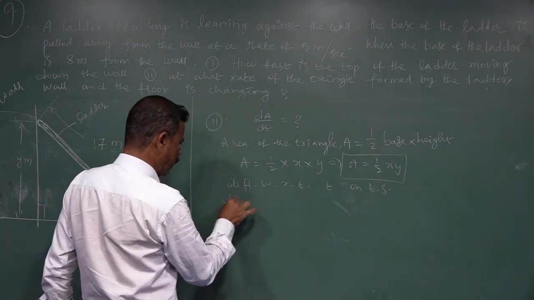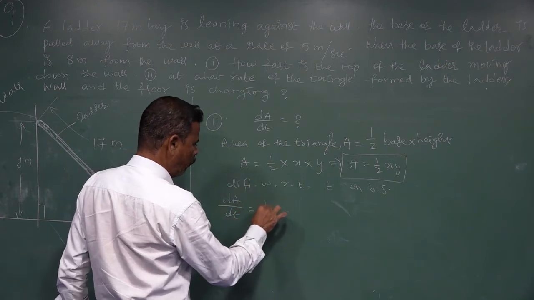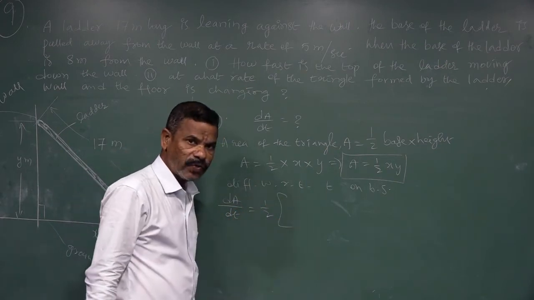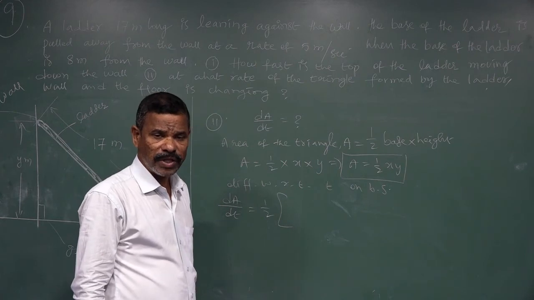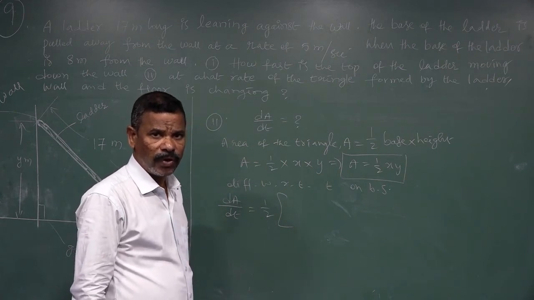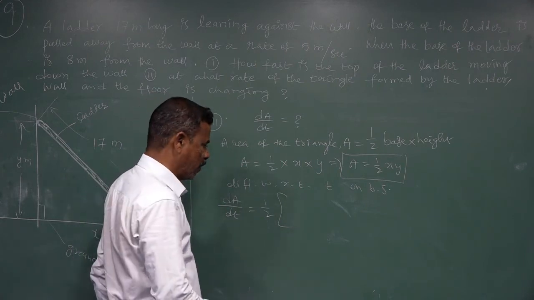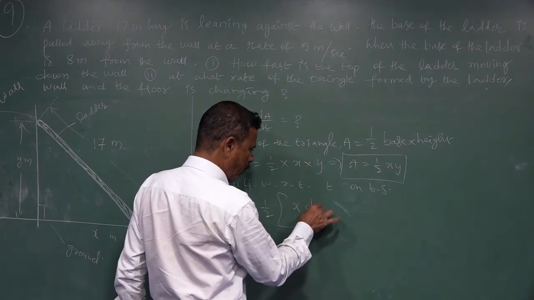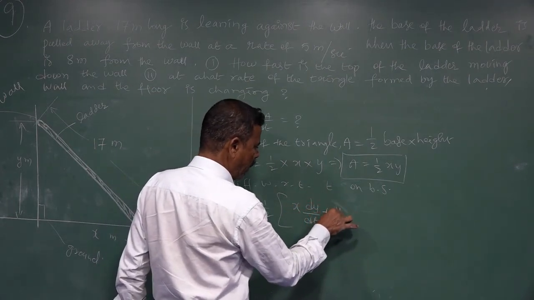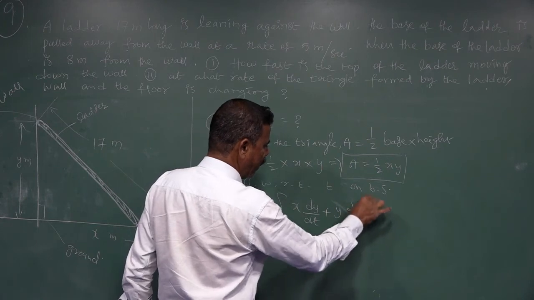So dA by dt is equal to half, constant, times the derivative of xy. For the derivative of xy, using the product rule, uv dash plus vu dash, that is x into dy by dt plus y into dx by dt.